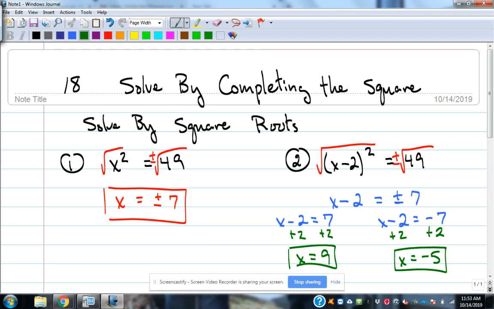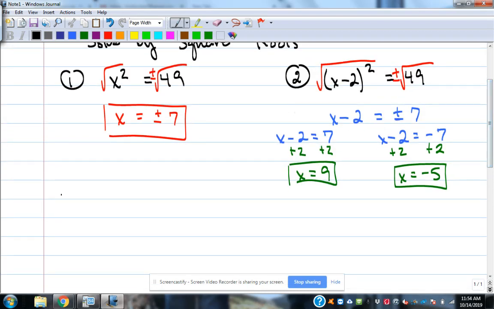So here the squared part was the parentheses thing. That's what we're going to kind of see as we go through the stuff today. We're going to be manipulating some problems to turn them into problems like number 2 so that we can do that. Let's look at number 3 here. Let's say we had x plus 3 squared minus 2 is equal to 16.